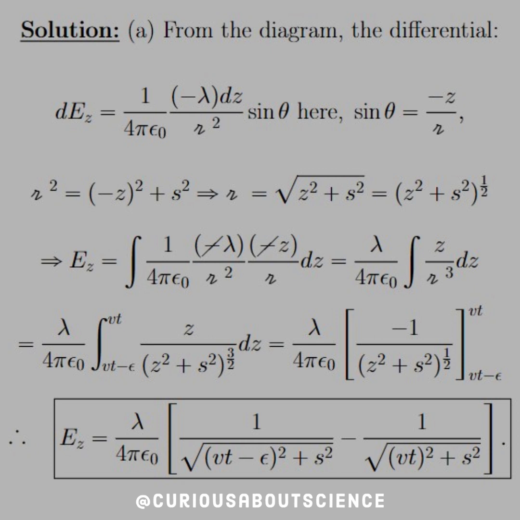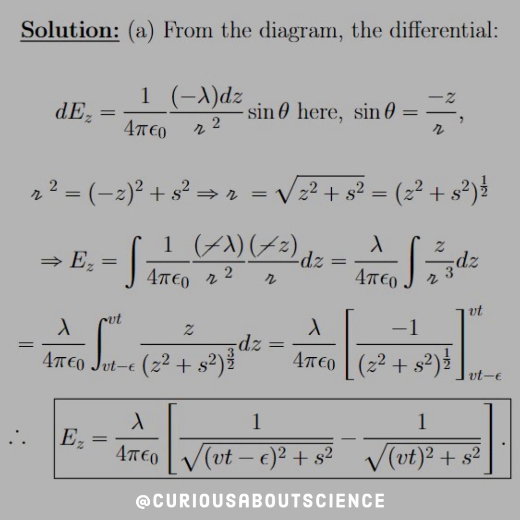Alright, so now what we can do is take the lambda and 4 pi epsilon naught out, and we're left with z over script r cubed, so we can now plug that in. Now z again was running from vt minus epsilon to vt, as shown in the diagram, and we have z over (z squared plus s squared) to the 3/2 power.